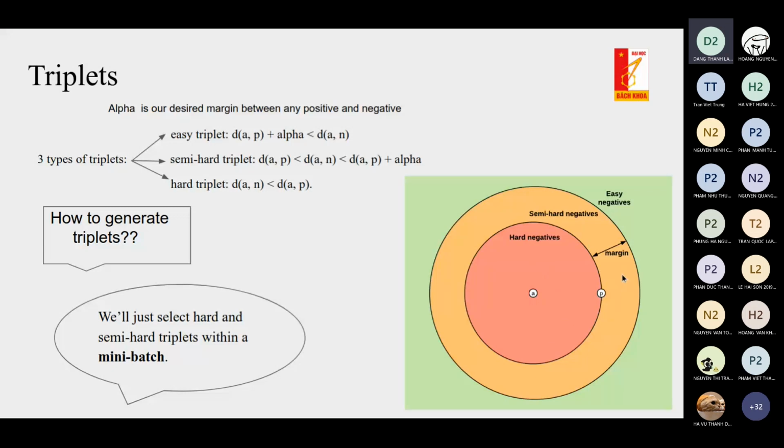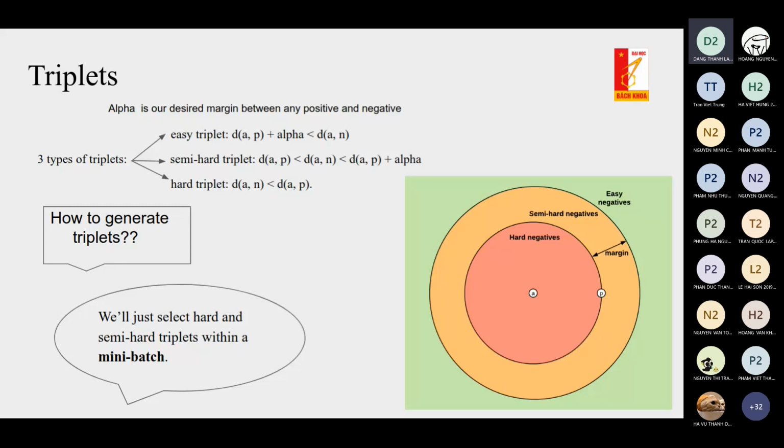If the negative remains in the orange area, it is within the margin, and when it lies outside of the circle, it is an easy negative, where the distance of that image is larger than the distance of positive to anchor.